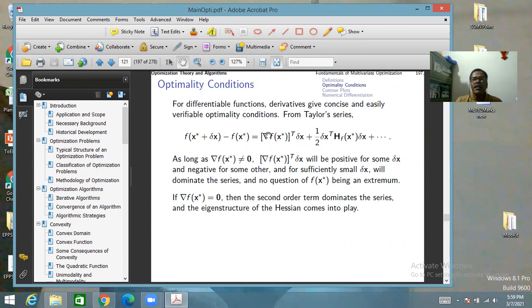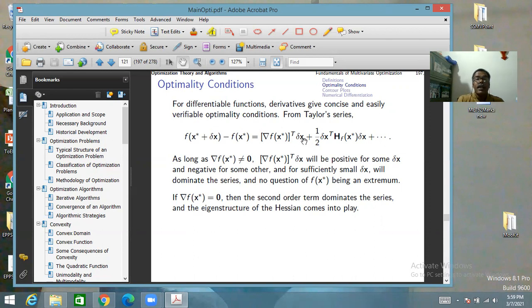As long as this vector, the gradient, is non-zero, as long as any component of it is non-zero, you will find some delta x vectors for which the function will increase, and some other delta x for which it will decrease. If it increases for some delta x, then for the negative delta x, it will decrease.